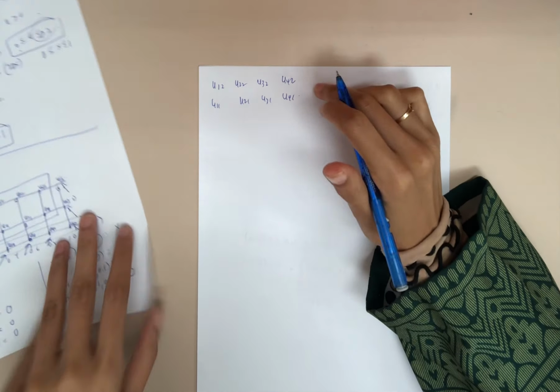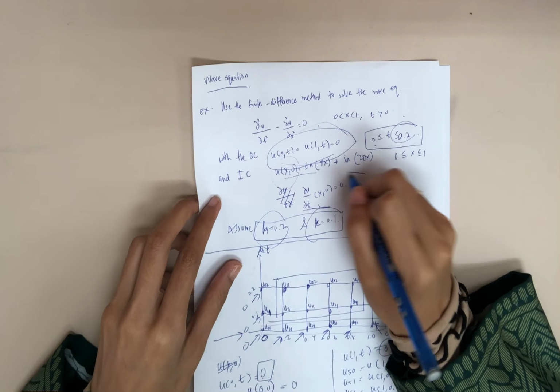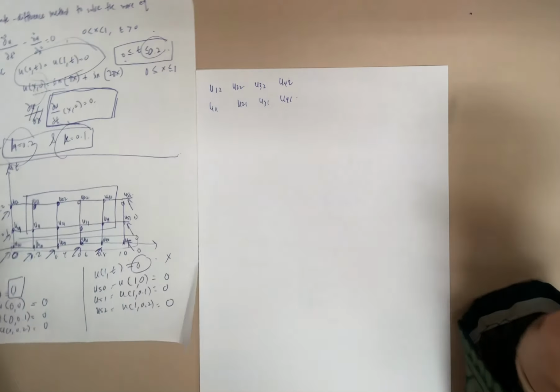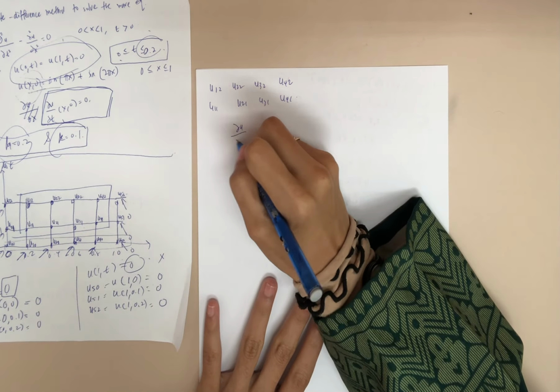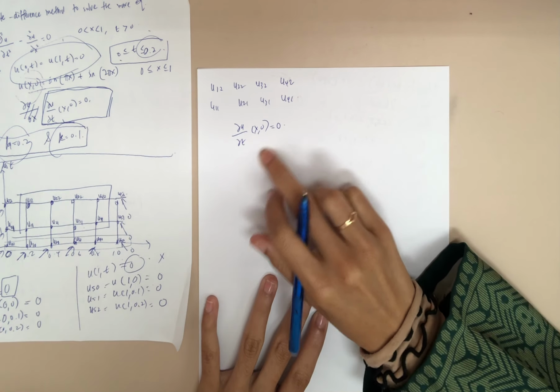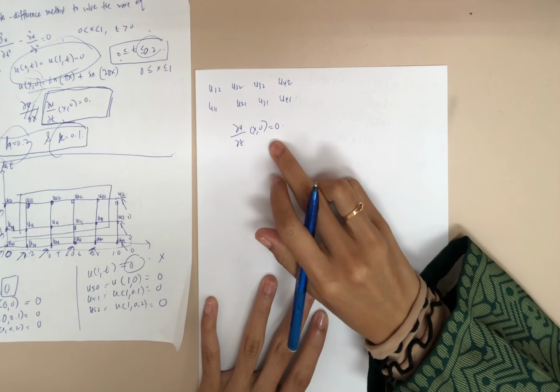So there are 4 values here. But class, we still have one more initial condition here: du/dt at 0,0.